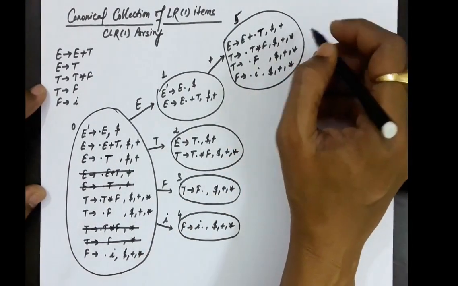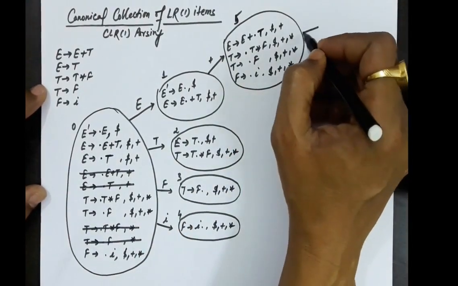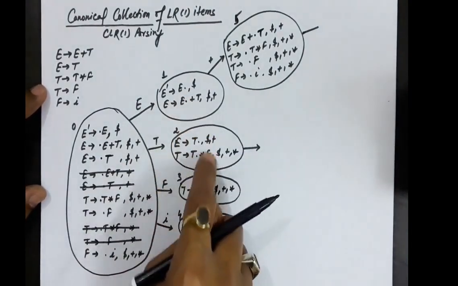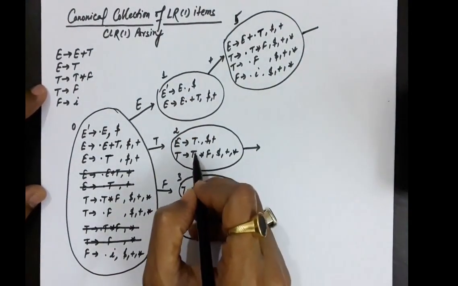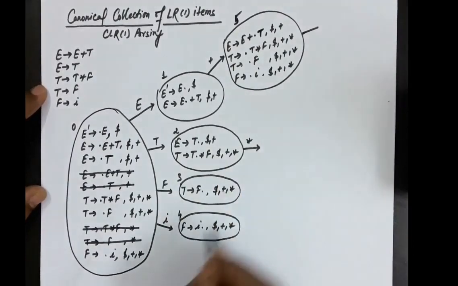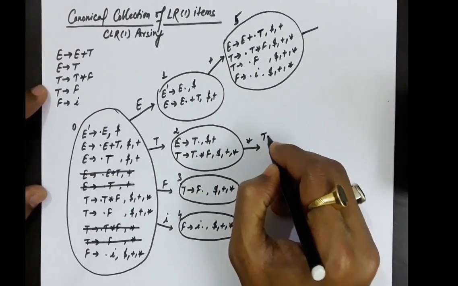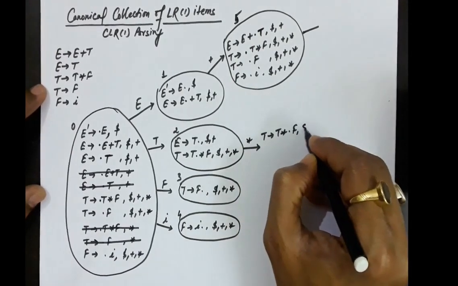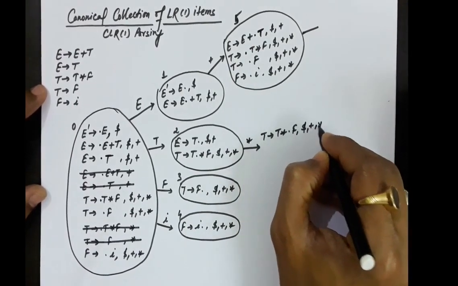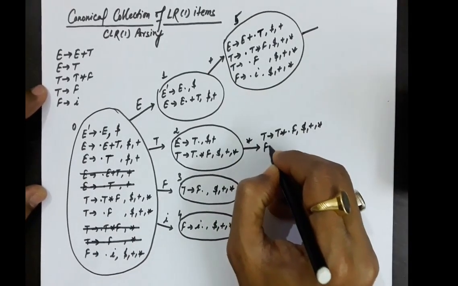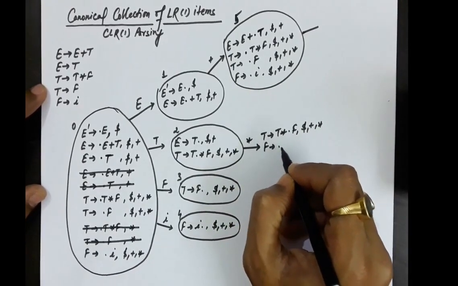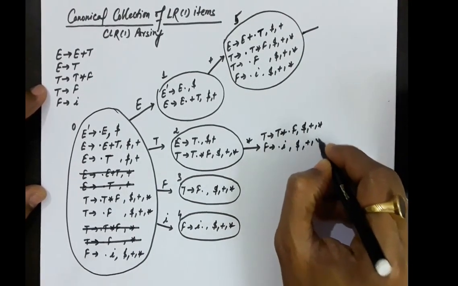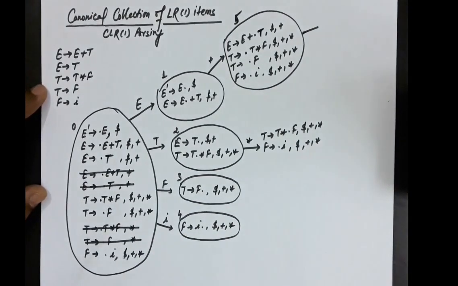Fine. Now if we take some transition from here, we take the star here. So T produces T star dot F with the look ahead dollar, plus and multiplication sign, and then all the productions starting with this F with the look ahead dollar, plus and multiplication sign.